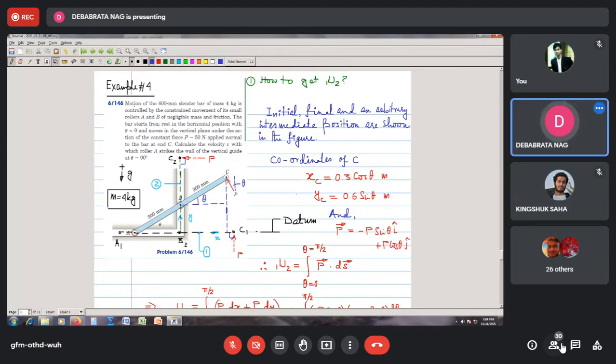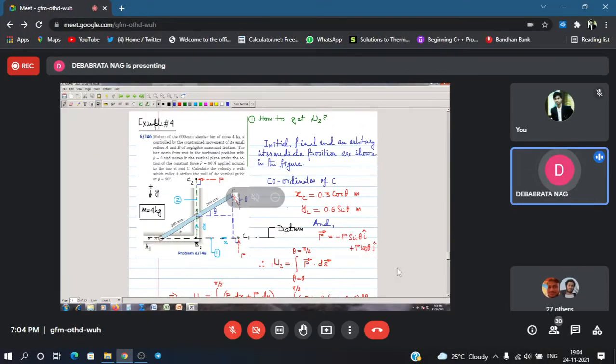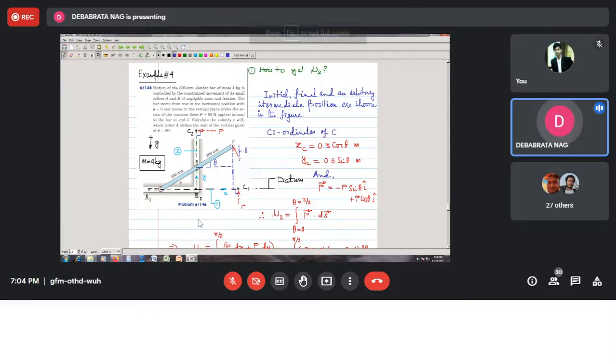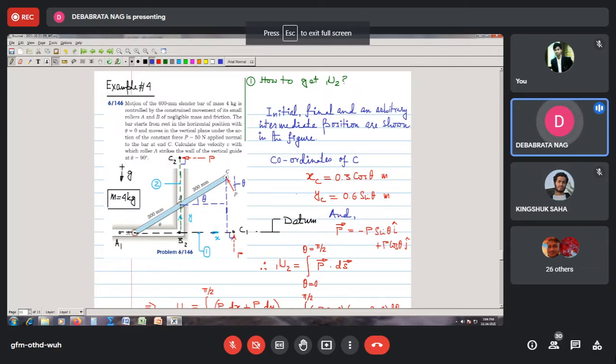তার মানে কি, how to calculate the displacement? Say for example I create some x and y axes with its origin here at this point. With respect to this origin, I first calculate the coordinates of point C. And then I resolve this force P as P sin theta, P cos theta vectorially.